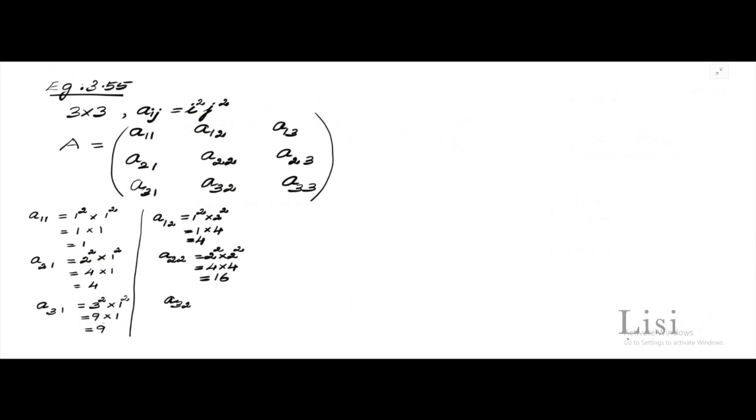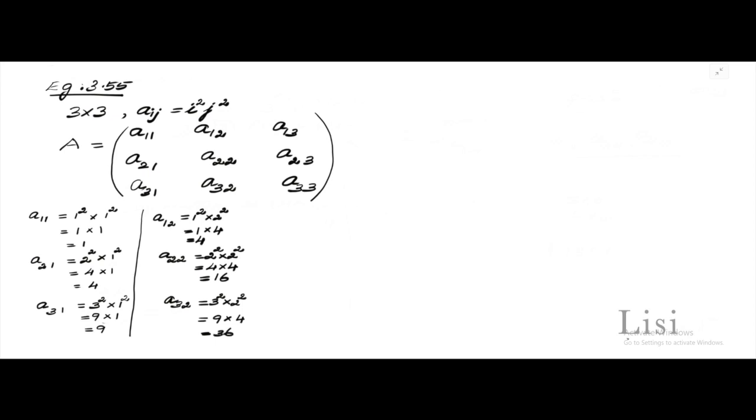And next, A32 is equal to, i is 3, so 3 square into j is 2, so 2 square, which is equal to 3 square means it is 9, 2 square means it is 4, 9 4s are 36.